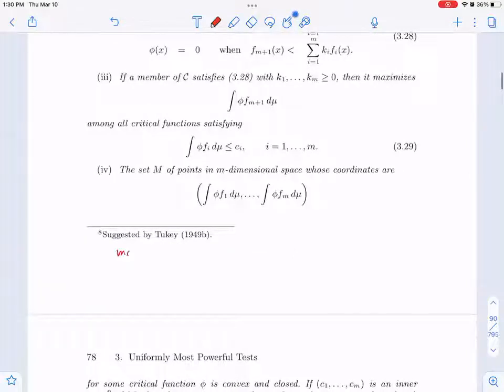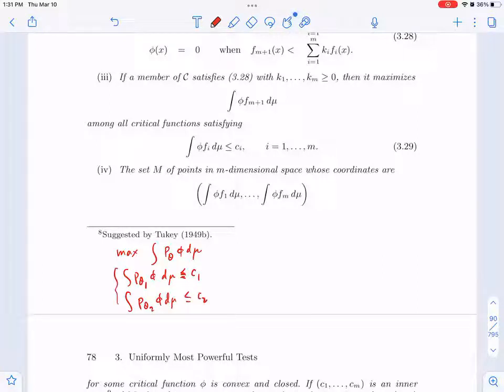I want to maximize, let's say, the integral of p theta phi d mu subject to the integral of p theta 1 phi d mu less than or equal to c1 and the integral of p theta 2 phi d mu less than or equal to c2.